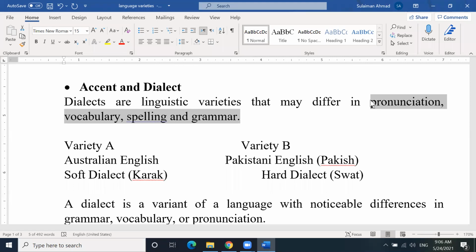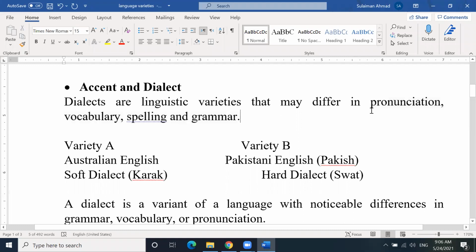So by dialect we mean all these four features of language: pronunciation, vocabulary, spellings, and grammar. And by accent we only mean pronunciation, right?